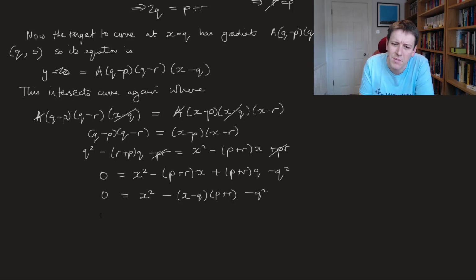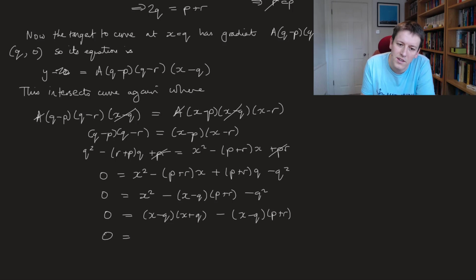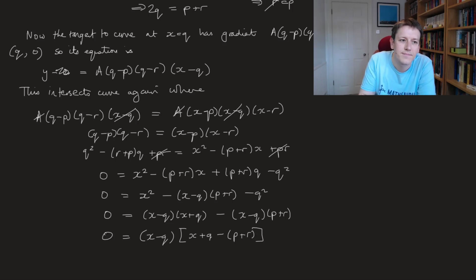And actually the x squared minus q squared, that's a difference of 2 squares, so I've got x minus q times x plus q minus x minus q times p plus r. So again, I can factorize this x minus q, and I'm just left with x plus q minus p plus r.